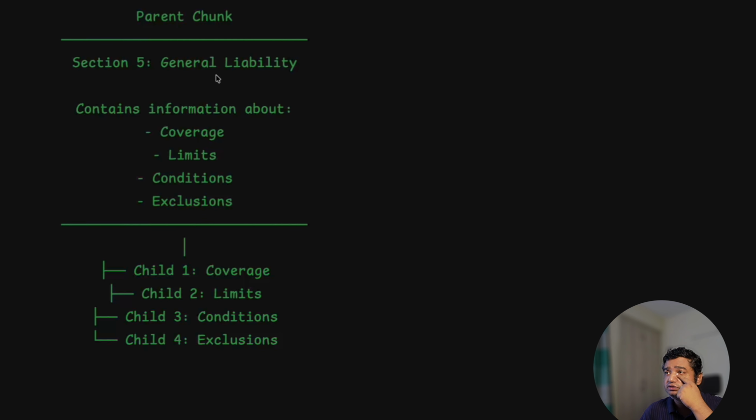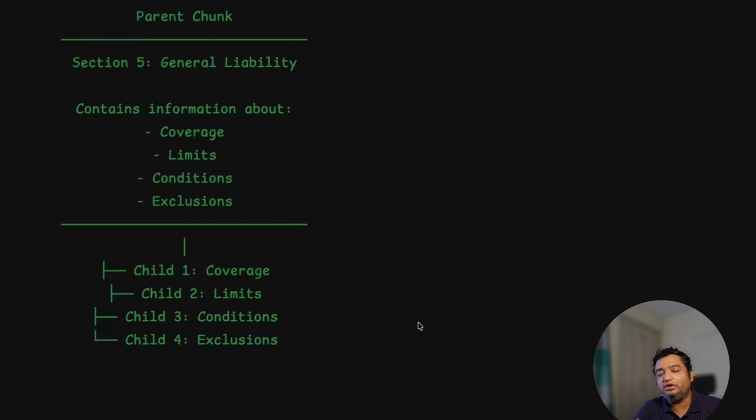General liability contains coverage, limits, conditions, and exclusions, so your children become coverage, limit, condition, exclusion. In the RAG, when someone asks a question about coverage, these child chunks will be passed to the LLM, plus the information of the related parent chunks.